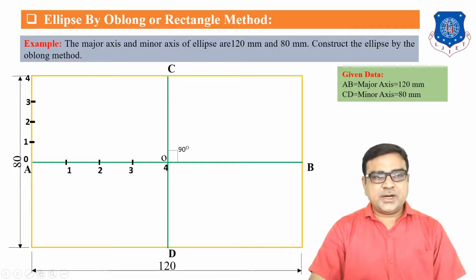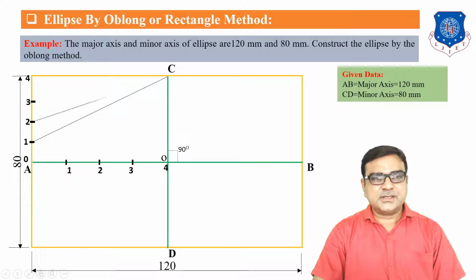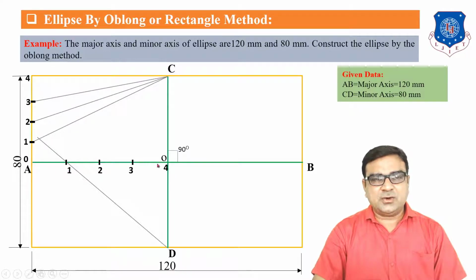Now join all these vertical points 1, 2, 3, 4 to C, where C is the end of the minor axis. Join 1C, 2C, 3C and 4C. Then draw a line from D which passes through 1 on the horizontal line, and it will intersect the C1 line.